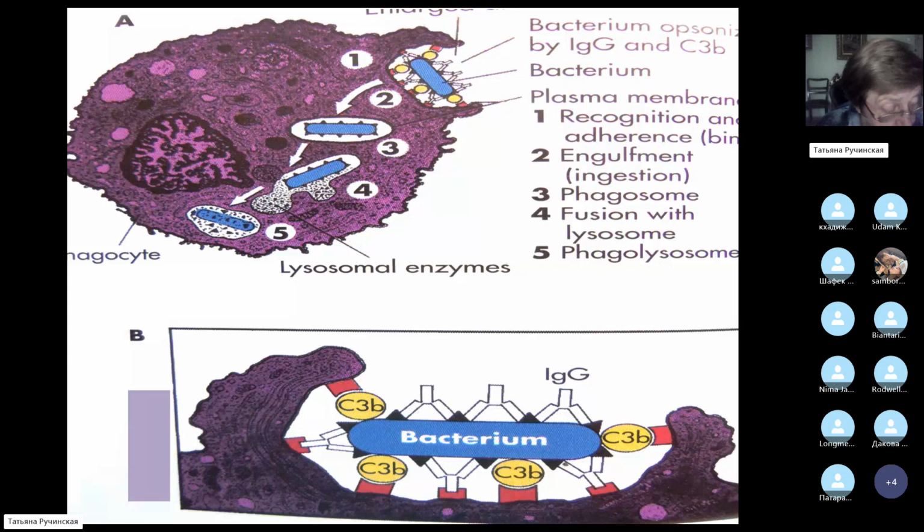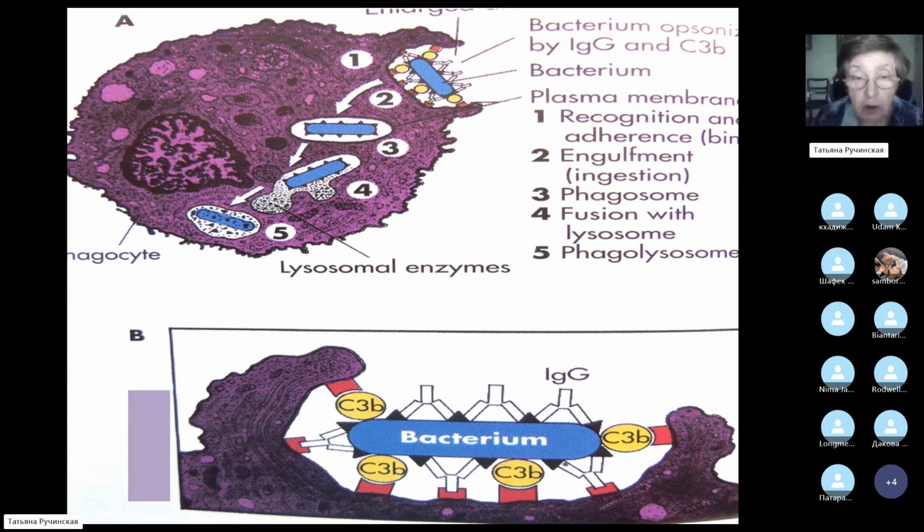Don't make the mistake of saying that a phagosome is a vacuole. No, the membrane of a vacuole appears from the Golgi complex, you see.